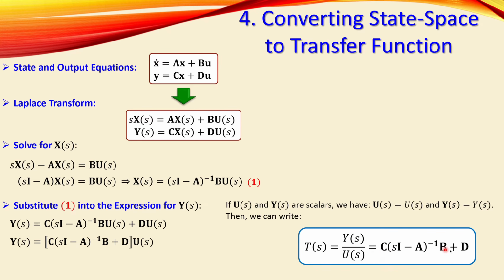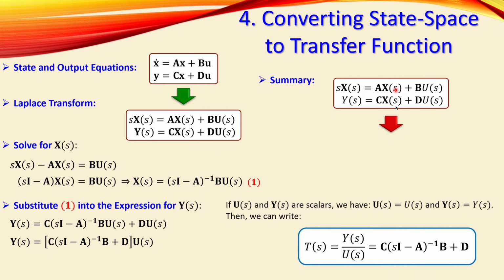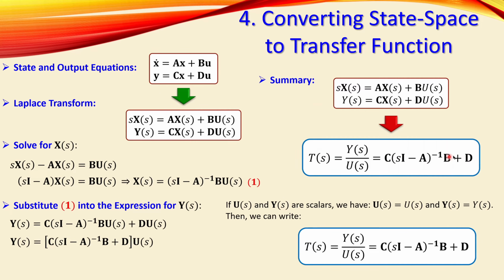It's interesting: we need all the matrices and also some operation using that matrix A and then sI minus A, and we need to take the inverse. So we need several steps to do that. But this is the formula going from state space to the transfer function. In summary, this will be converted to that if you work out this expression.